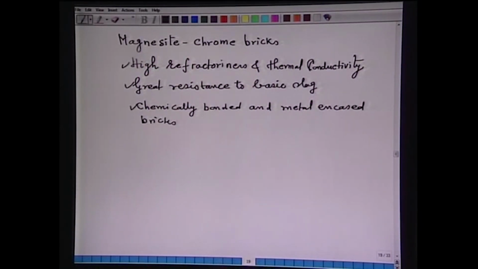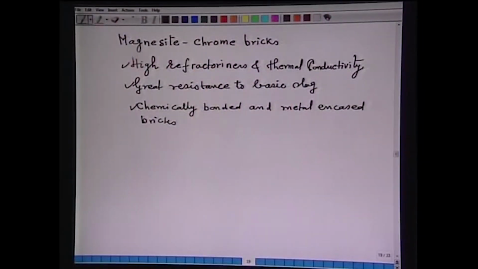Now let us see, as I have repeatedly noted, refractoriness, spalling, resistance to chemical attack. What are the properties of the refractory material? So let us understand little bit about properties of refractory materials.